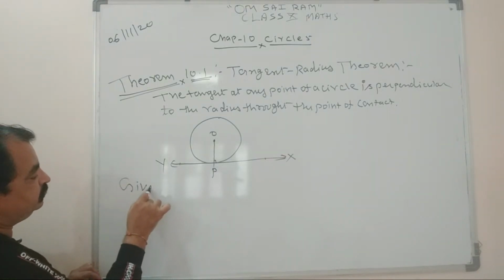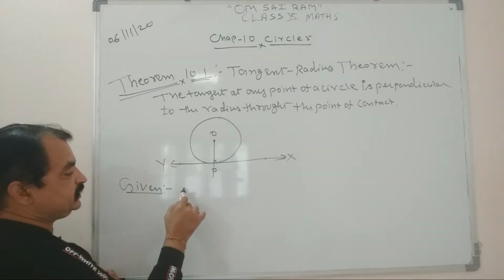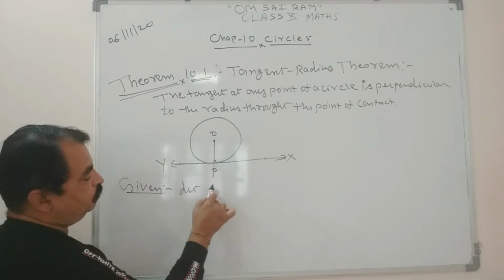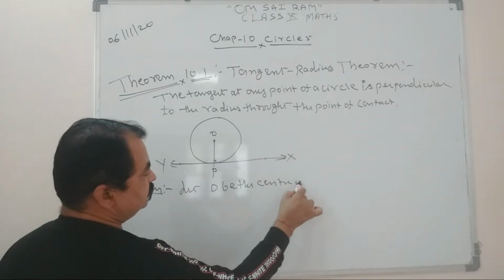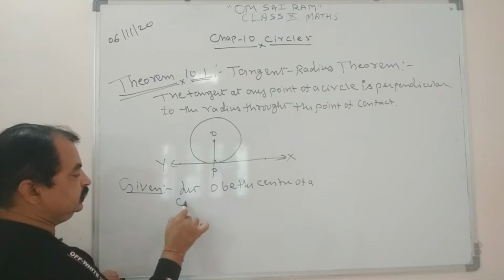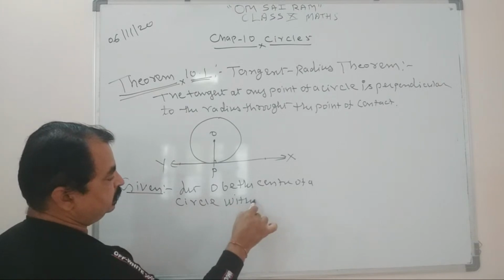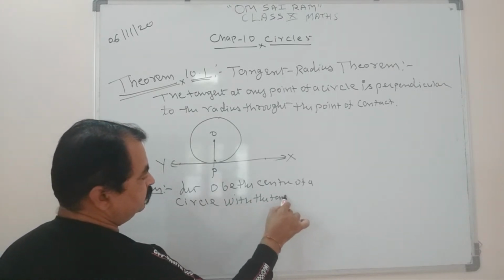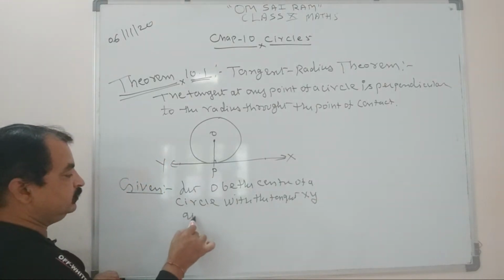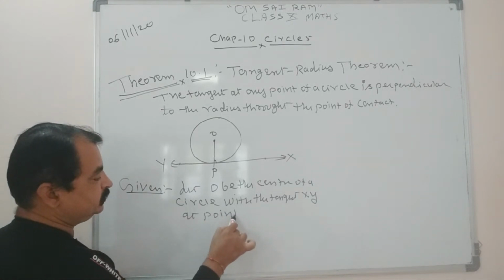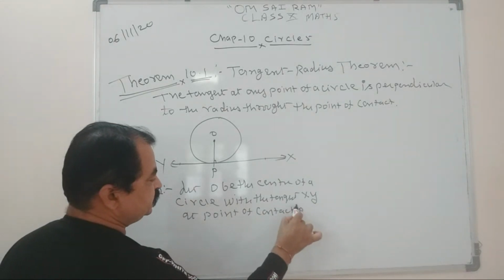First we write the given. How do you make the given over here, children? Let O be the center of a circle with the tangent XY at point of contact P, children.